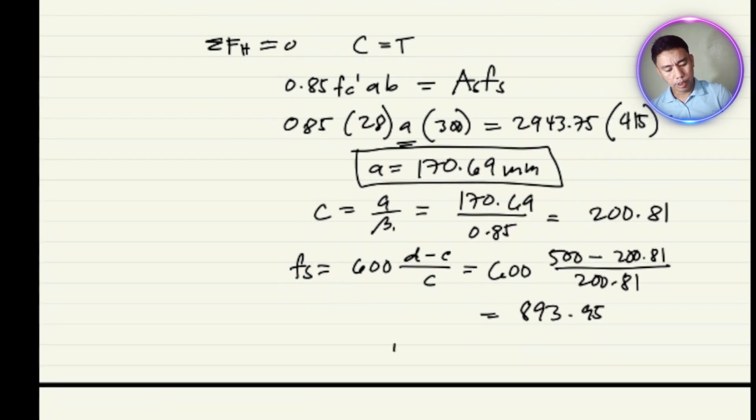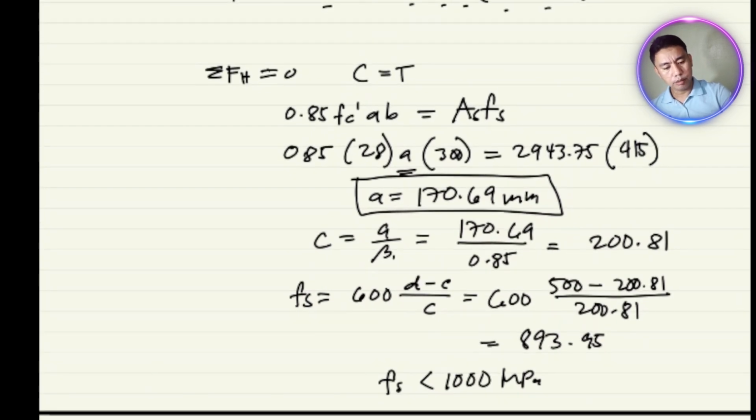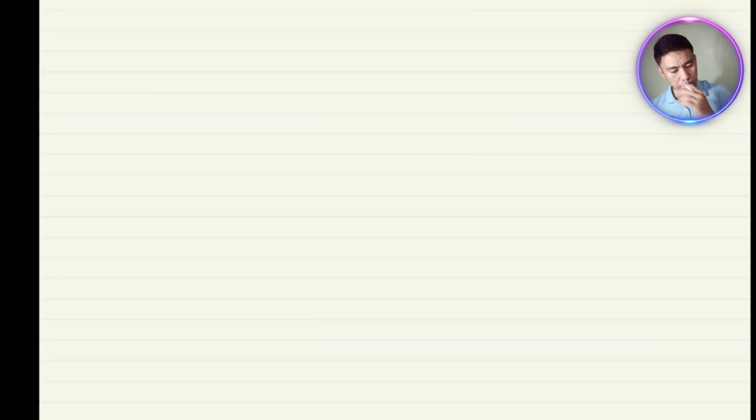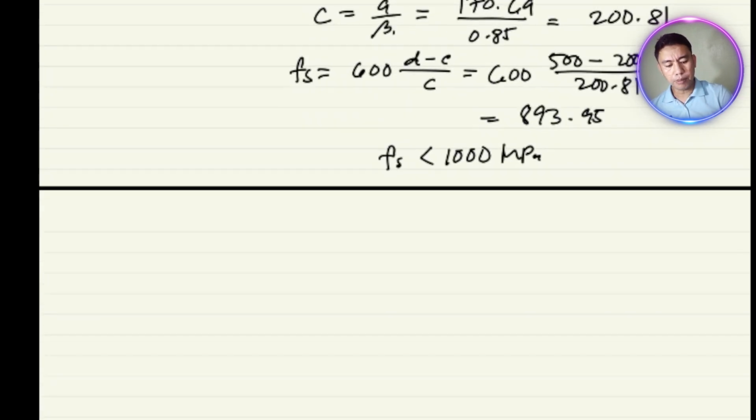Okay, so here our Fs is less than 1000 megapascal. So kung greater than 1000 megapascal, automatic 0.9.